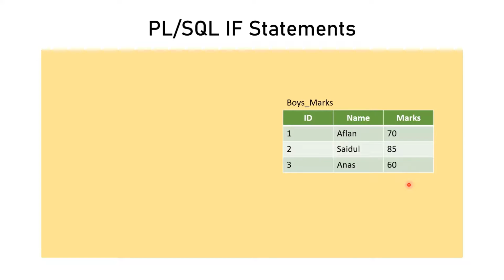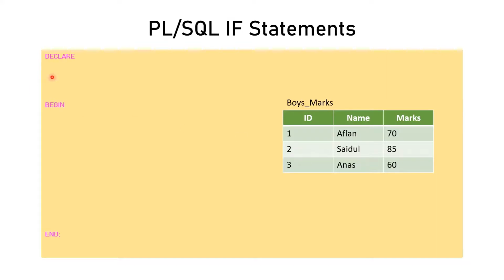So if someone got anything greater than 79, then his grade is A. If someone got anything greater than 69 but less than 80, then his grade will be B. And if someone does not fall under any of these 2 conditions, then his grade will be C. So for now, what we want to do is extract the name and marks of the student with ID 2 and categorize them according to the conditions that I just stated.